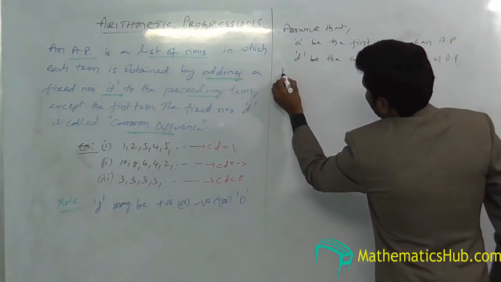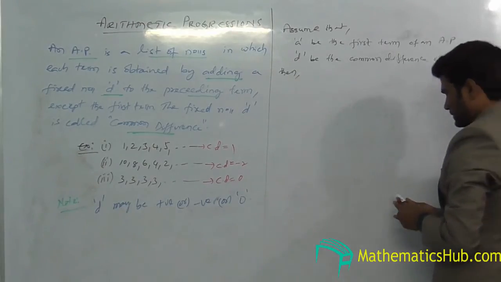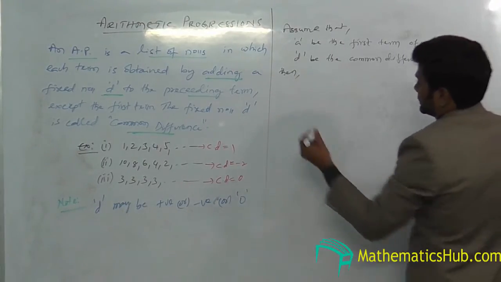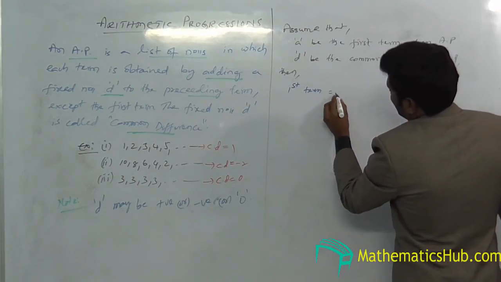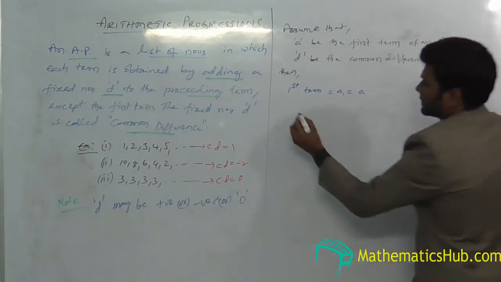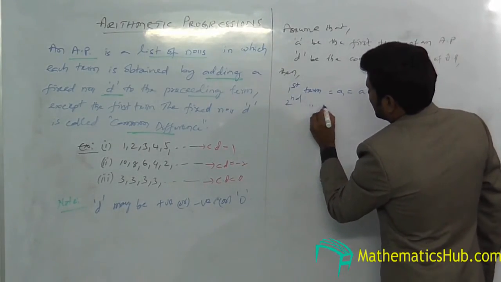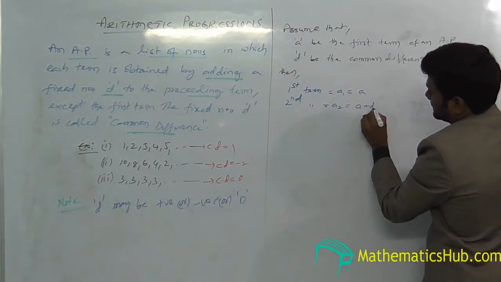Then the first term A1 equals A. Second term A2 equals A plus D.